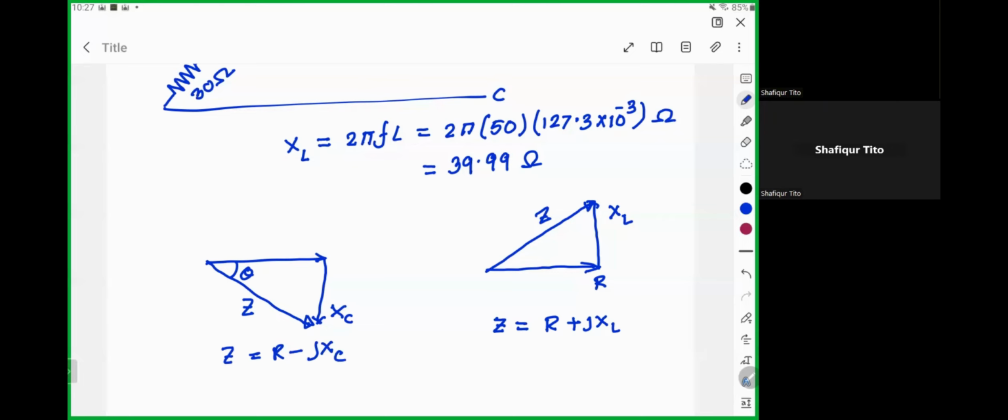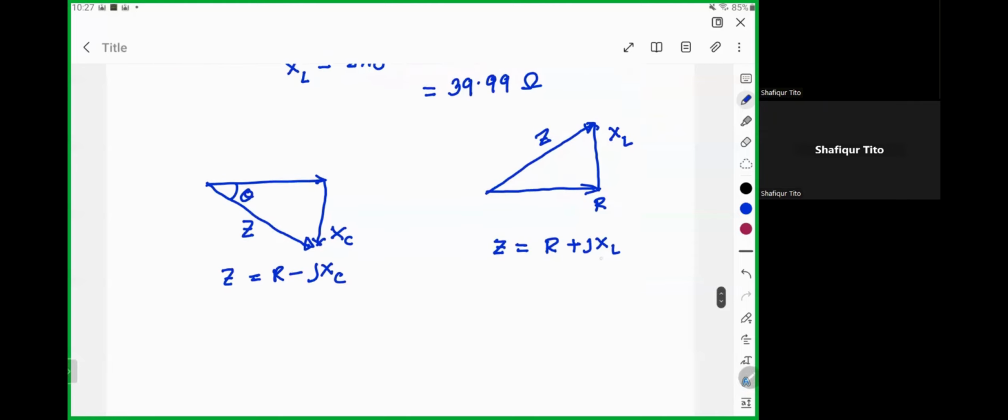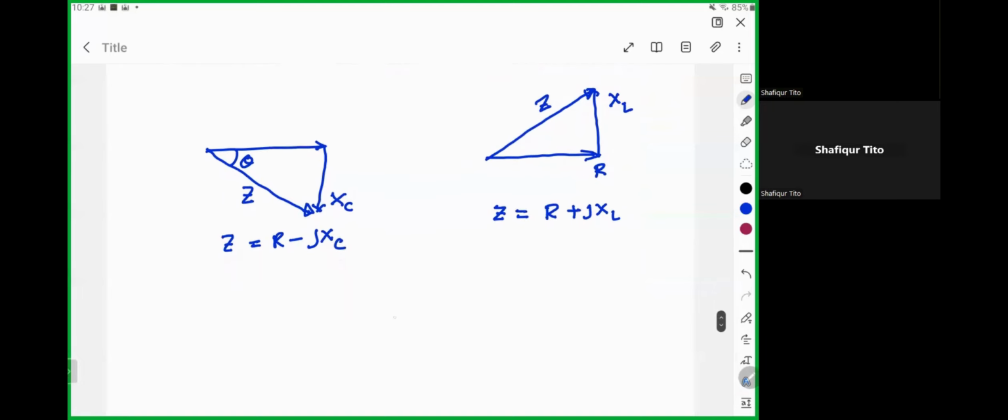Okay. Now, if you have both the components, then we can find out the resultant, JXL minus JXC. So if I have two components, both XL and XC in my circuit, then I will have XL and XC in these directions, and then we can find out the resultant between the XL and XC.